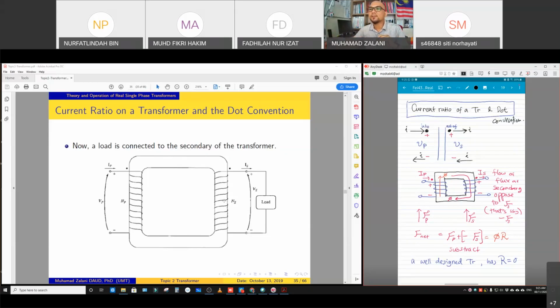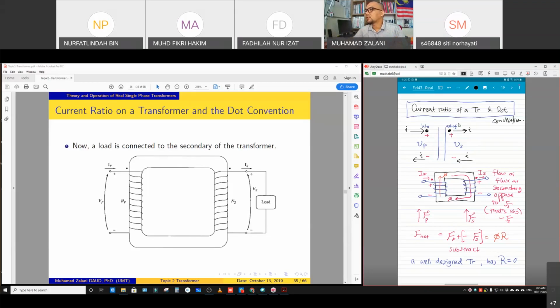As you can see here in this figure, it is the same figure that I've redrawn in my lecture notes. We have the transformer core, which is supplied by the current at the primary side. And then the current at the secondary side will be induced. In this example, we use the dot convention to represent the direction of the current flowing.